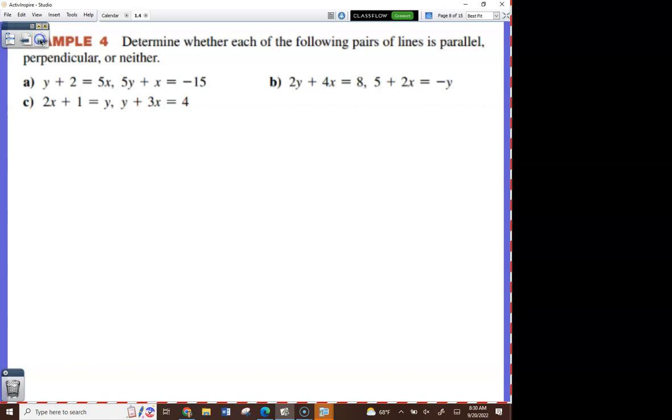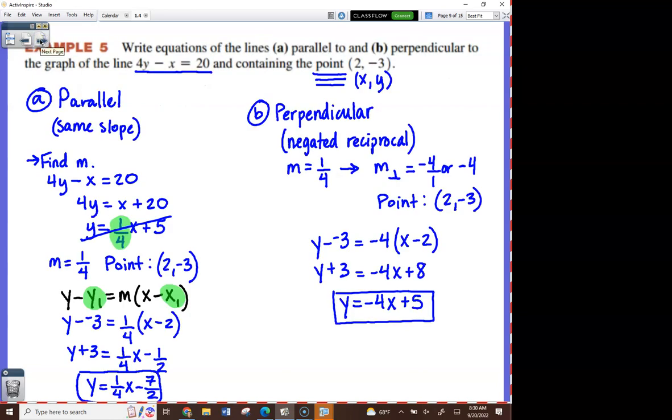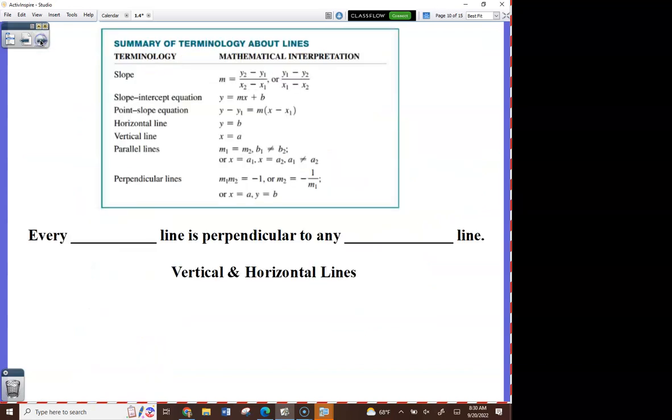You have to get them in slope-intercept form in order to read the slope. Given a line on a graph and a point elsewhere, you're asked to find a second line through the point that is parallel or perpendicular to the given line. We practiced that. Remember, the only purpose of the given line is to get the slope from it, and then you're done with that line and you finish the problem.